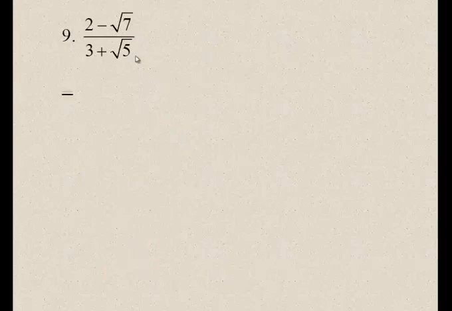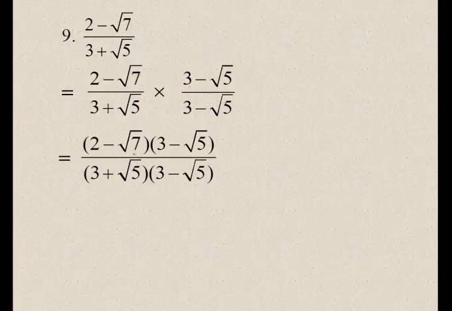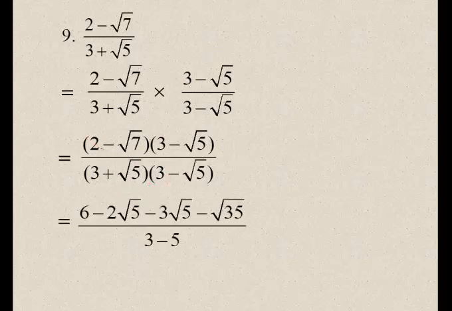In example number 9, you multiply by the conjugate. And what did we say the conjugate was going to be? Yes. 3 minus root 5 over 3 minus root 5. Guys, multiply out. I'm going to double check this one just to ensure I didn't make the same mistake all along. It's that times that. Two denominators multiply together. 2 times 3 is 6. 2 times minus root 5 is minus 2 root 5.